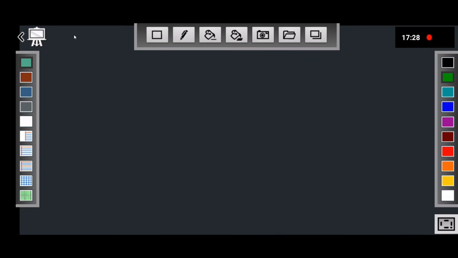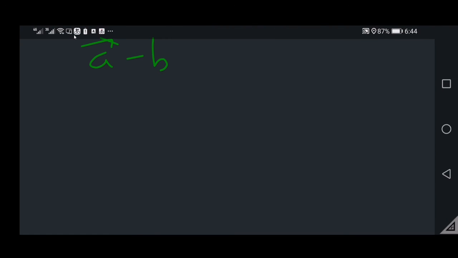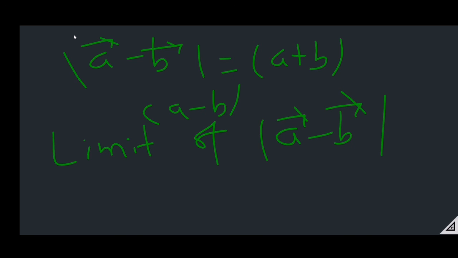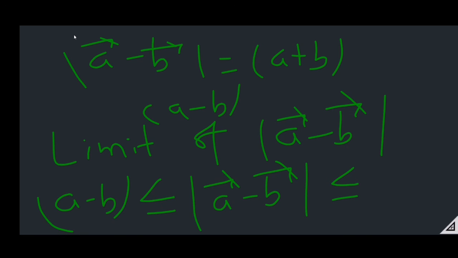In this way you have come to know that the maximum value of the magnitude of a vector minus b vector is a plus b, and the minimum value is a minus b. So the limit is: a minus b is less than or equal to the magnitude of a vector minus b vector, which is less than or equal to a plus b.